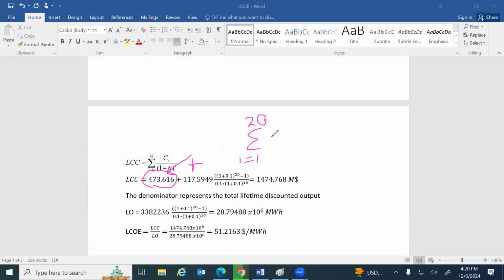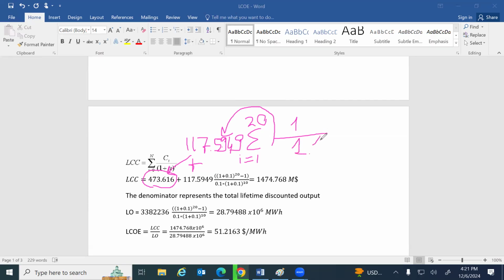Since the annual cost is constant, we can take it outside of the summation, which is 117.5949 times the summation of 1 over 1.1 to the power t, since the discount rate is equal to 0.1.